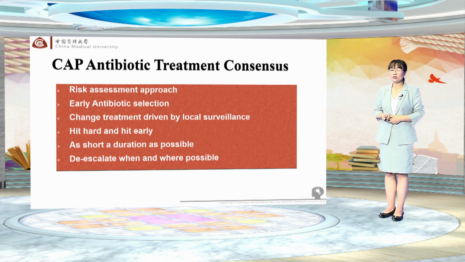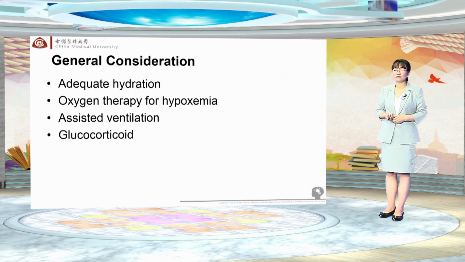CAP treatment consensus includes the risk assessment approach, early antibiotic selection, change treatment driven by local surveillance, hit hard and hit early, as short a duration as possible, de-escalate when and where possible. In addition to appropriate antimicrobial therapy, certain general considerations apply in dealing with CAP.